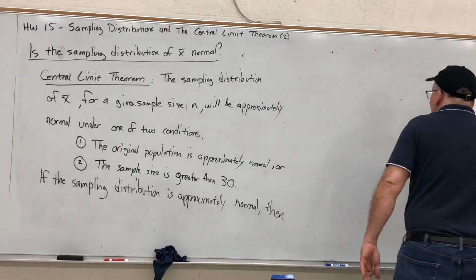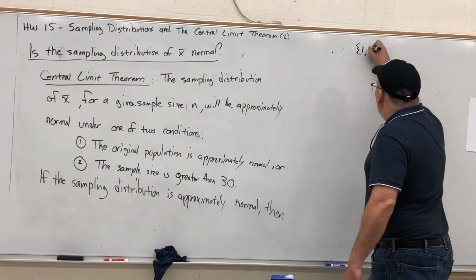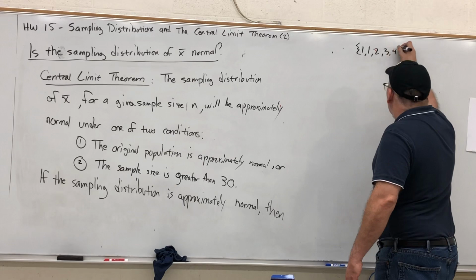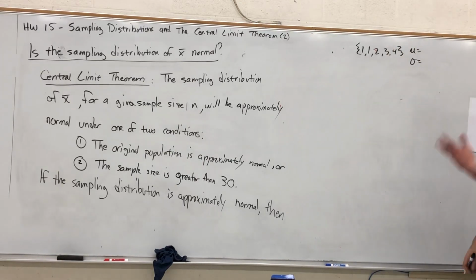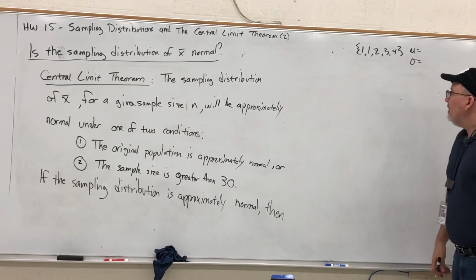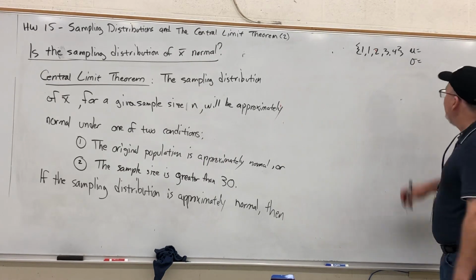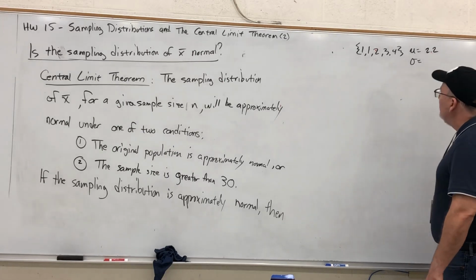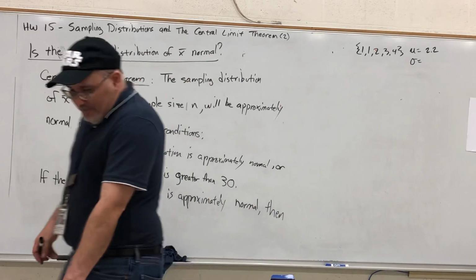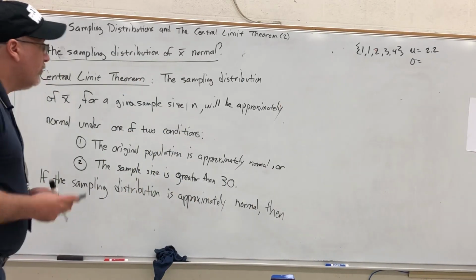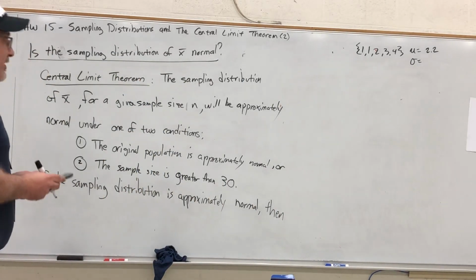And again, I wish I hadn't erased this, but back here we had 1, 1, 2, 3, 4. This has a certain mean, this has a certain standard deviation. The mean would be pretty easy to calculate. It's just the sum divided by 5. The sum is 11. 11 divided by 5 is 2.2. What's the standard deviation? Honestly, I don't know off the top of my head, but if you give me a second, I'll calculate it real quick, because I know the mean and I know the formula.